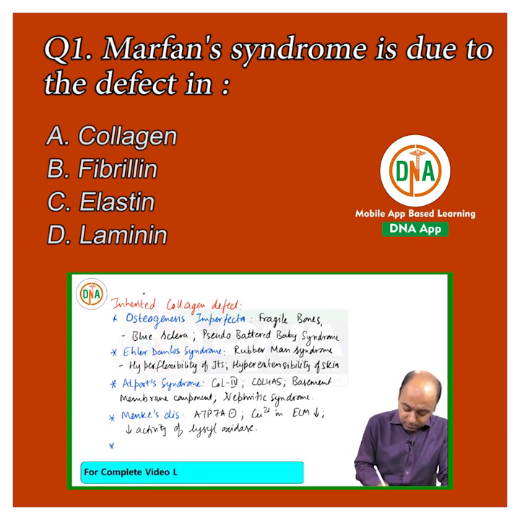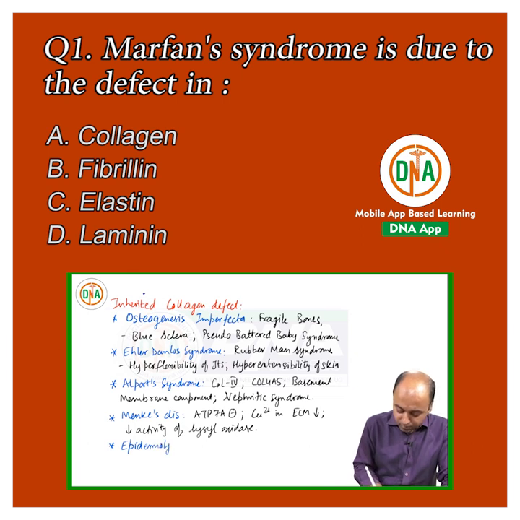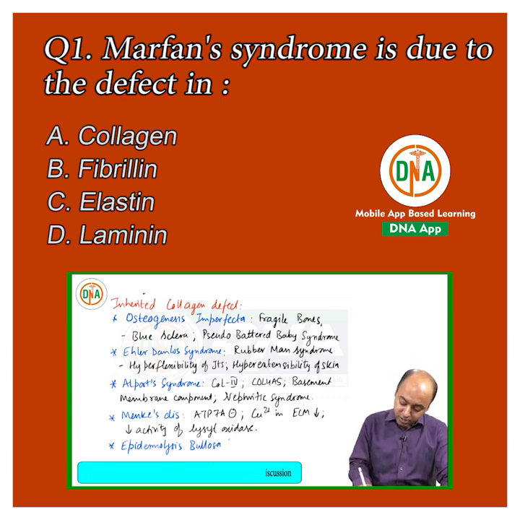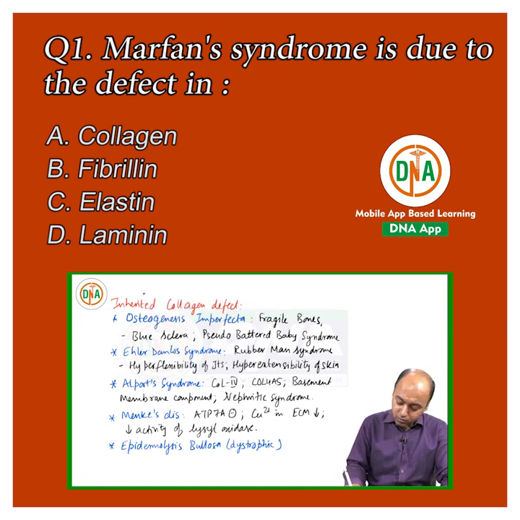And last is epidermolysis bullosa. Now there are various types of epidermolysis bullosa. You can have the simplex type or the dystrophic type. Here we are talking about the dystrophic type. Basically what happens here, collagen type 7 is defective.